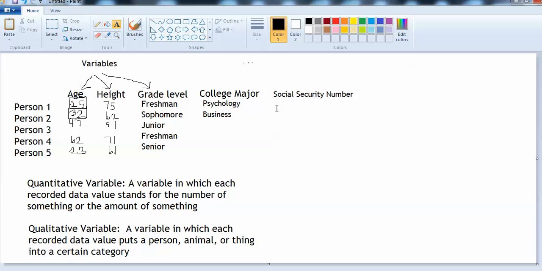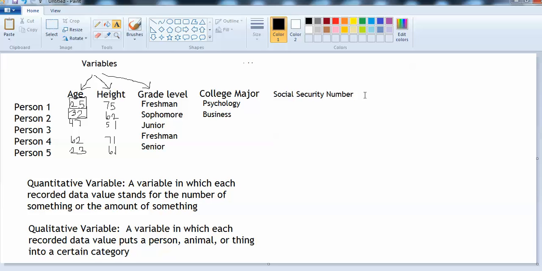It's just a label, like another name for the person. You could think of it as a category of one person. It's not like height, where each data value shows the amount of height that the person has. The social security number isn't a quantity.